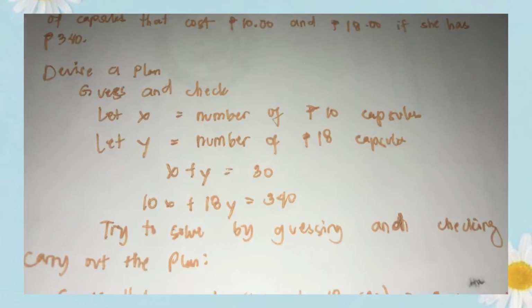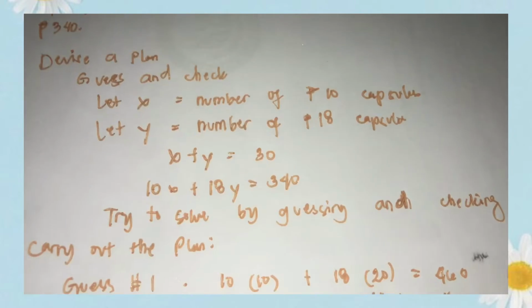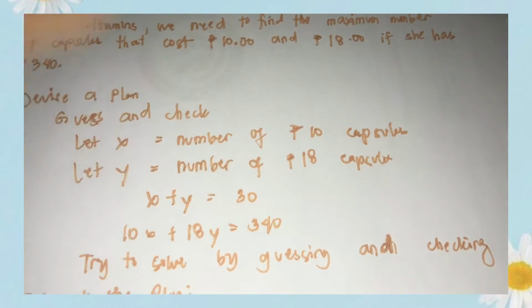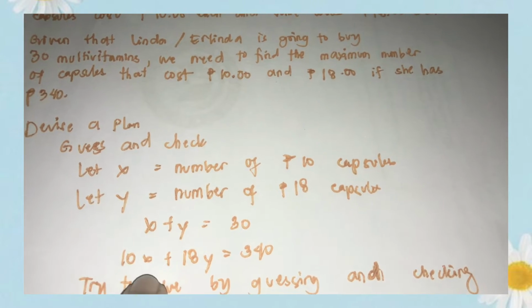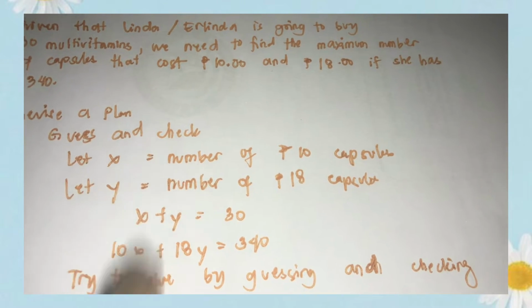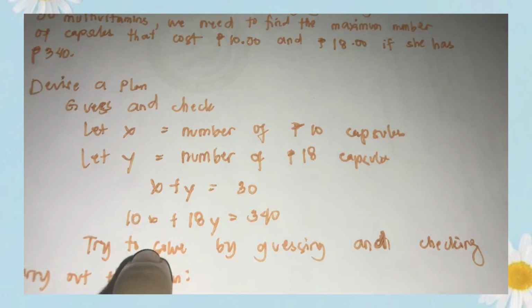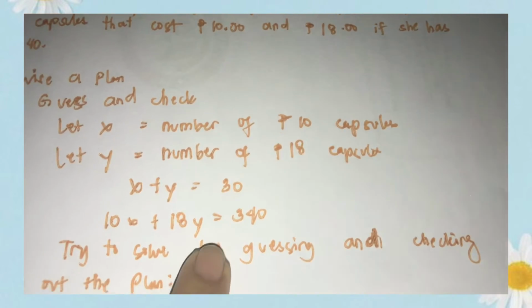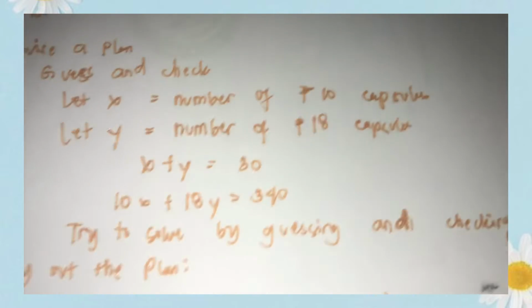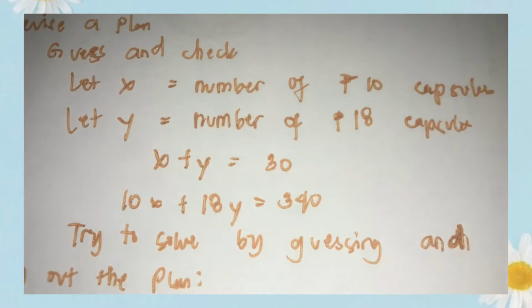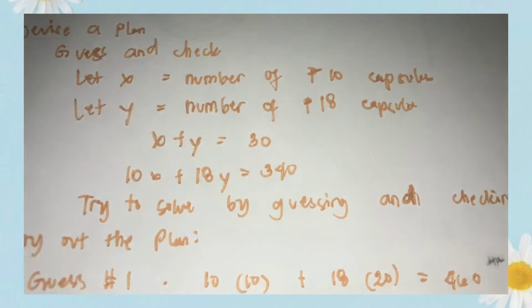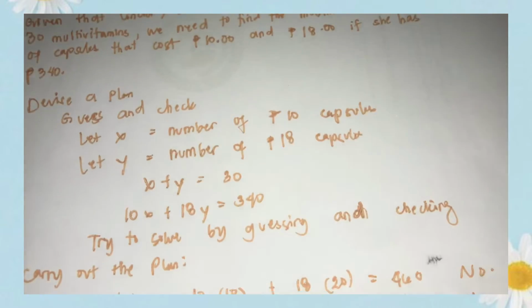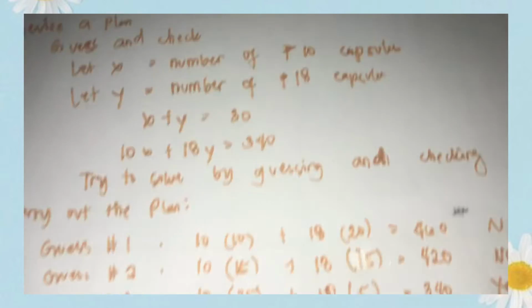So, what we need to do is find the exact maximum number of 10 pesos capsules and 18 pesos capsules that will fit her budget of 340 pesos. So we're going to solve by guessing and checking.